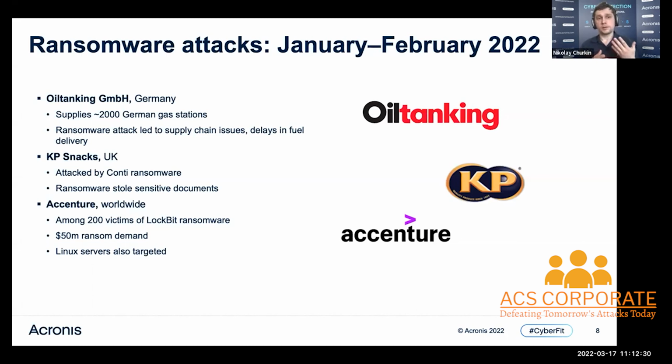So the problem with this attack was that the company itself, as you see, supplies 2,000 gas stations, and the ransomware attack specifically affected the systems that were taking part in distributing fuel, so automatically distributing fuel, and there were no immediate ways to actually fail over to manual management, so the systems had to be disconnected, and that led to issues in supplying fuels, delays in fuel delivery there.